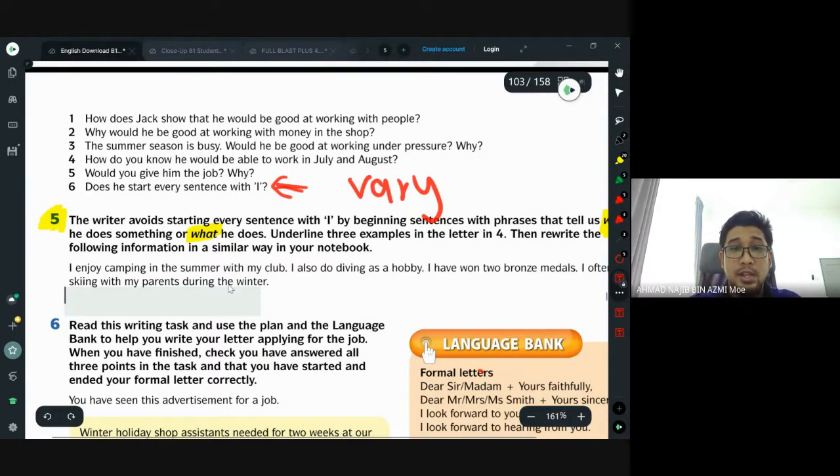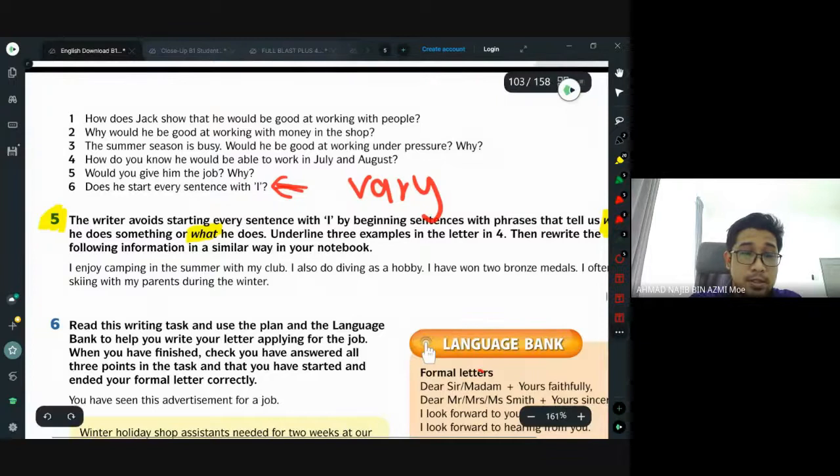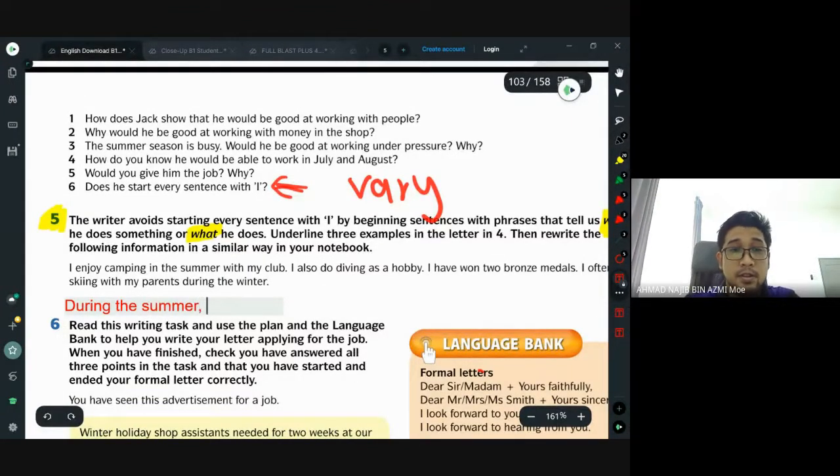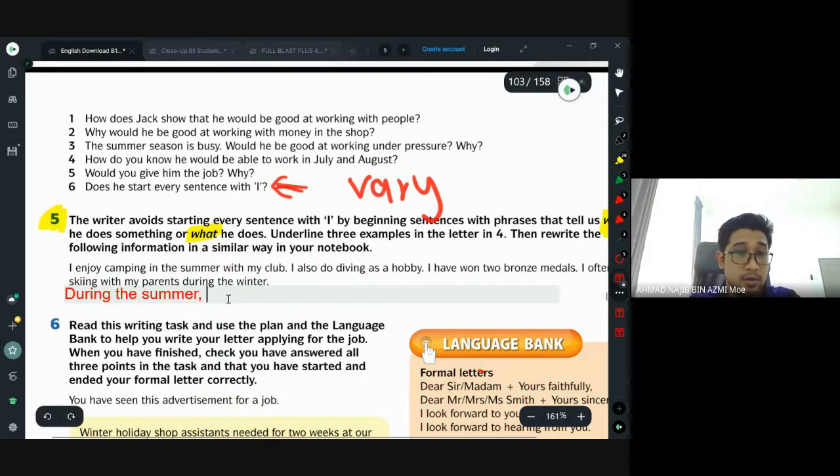What is the time here? During summer. So, right, summer, during the summer. So you could say, oh, besarnya ni. So during the summer, finish the sentence. I enjoy camping with my club. Yeah, it's that simple. During the summer, I enjoy camping with my club.